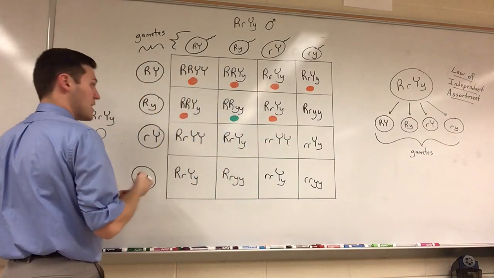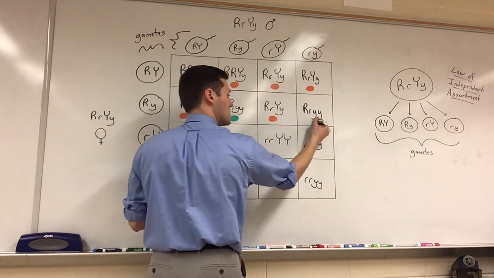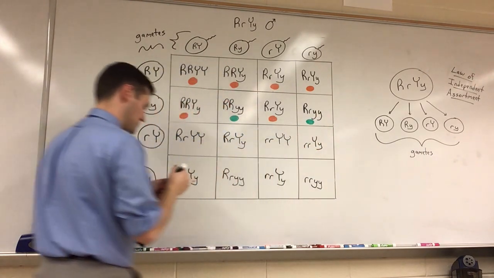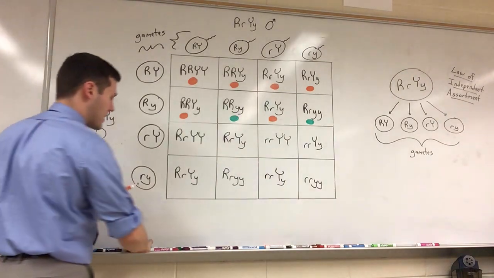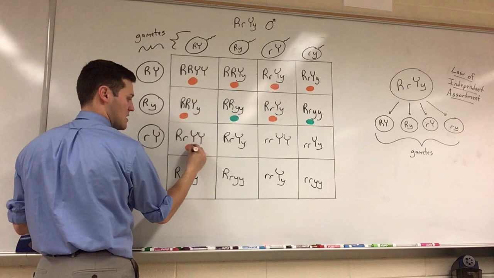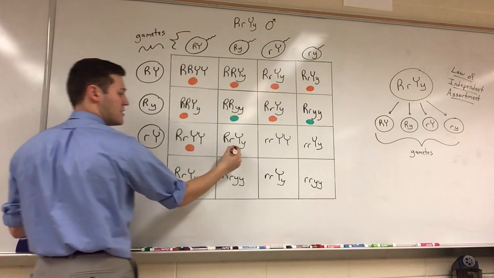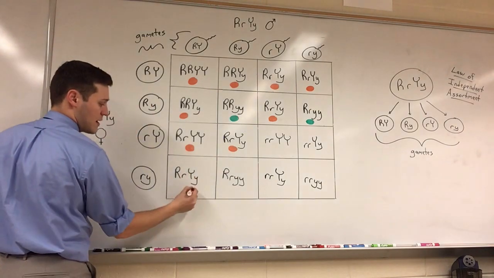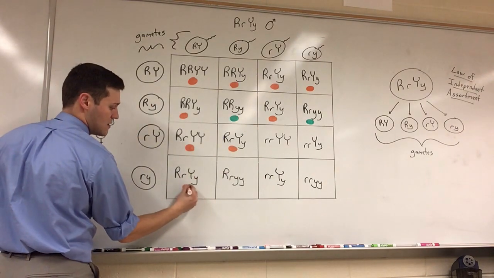Now we have our round and green over here too. Round and green. Over here we have another round and yellow. Here we have another round and yellow. Down here we also have a round and yellow.